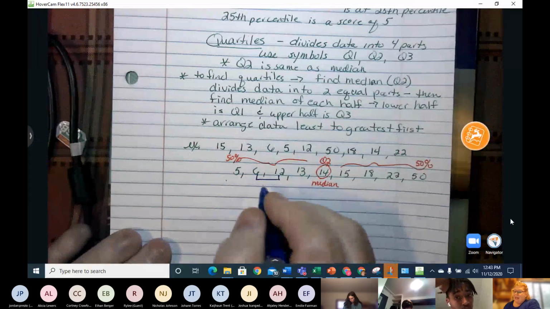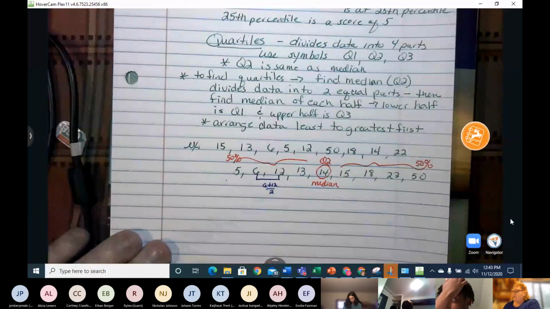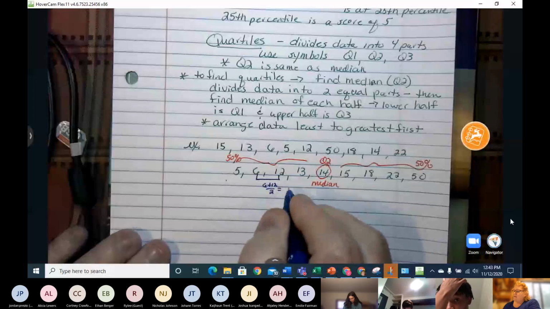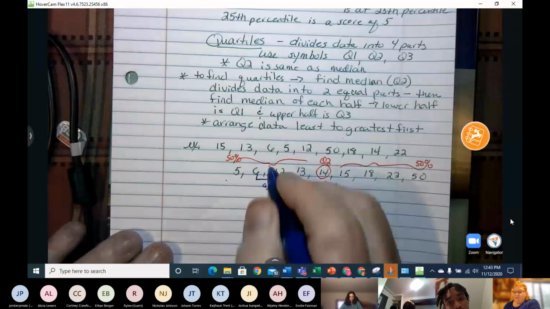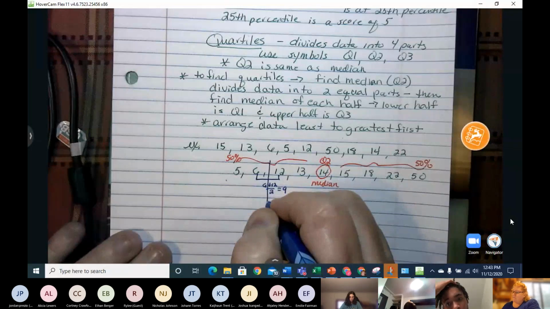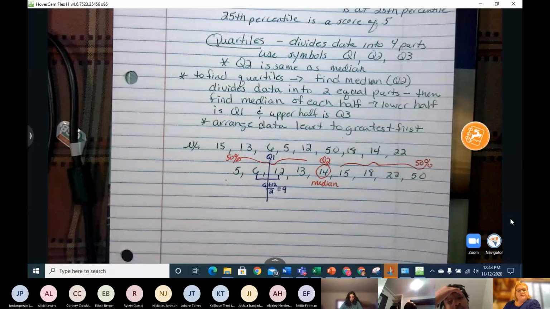And so I add them together. 6 plus 12 is 18, divided by 2, which is 9. So that represents quartile 1, which is 9 at that point.